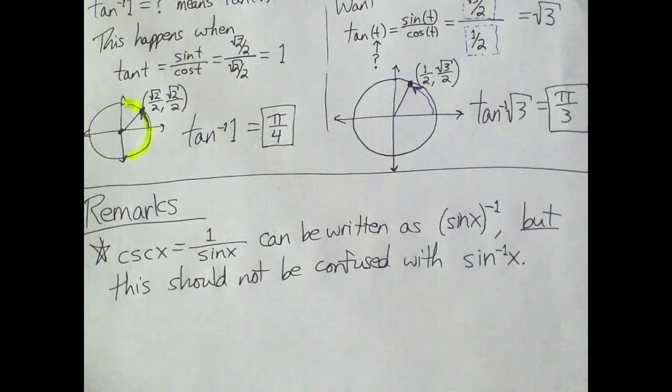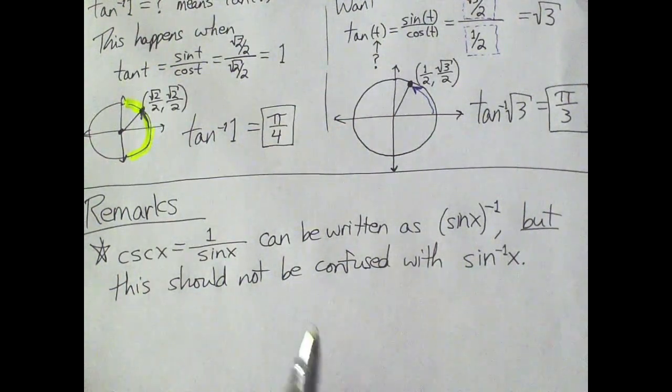I am saying that the inverse sine function that we talked about today is not the same as cosecant. Cosecant is a different thing. Cosecant is the reciprocal of sine. That's not the same thing as the inverse of sine.